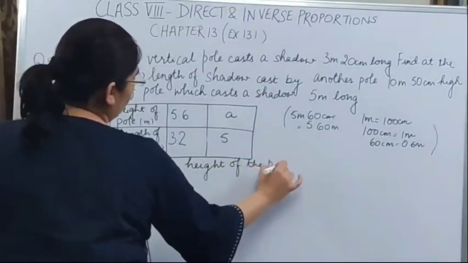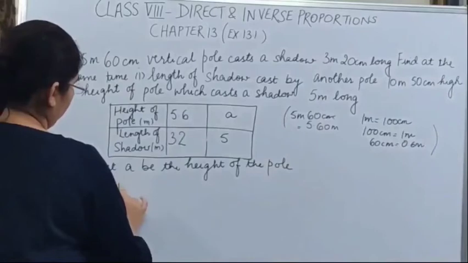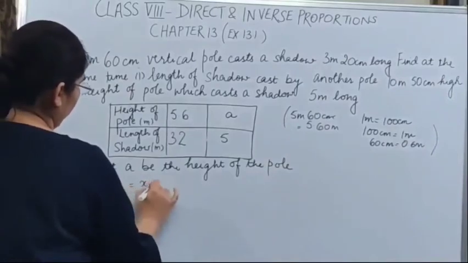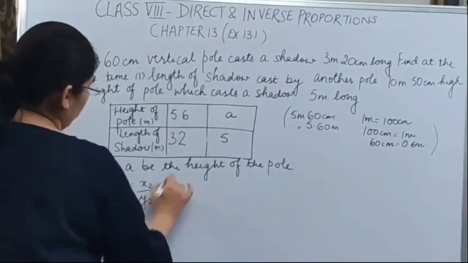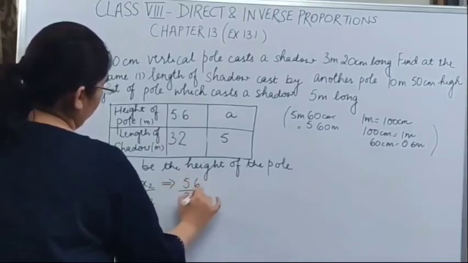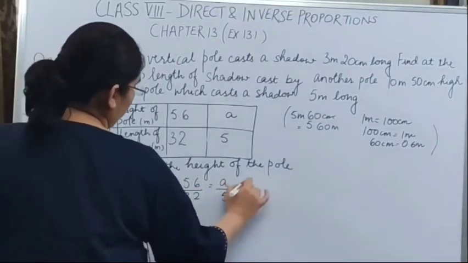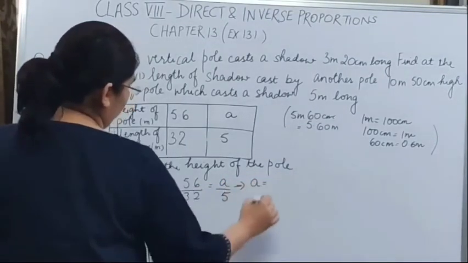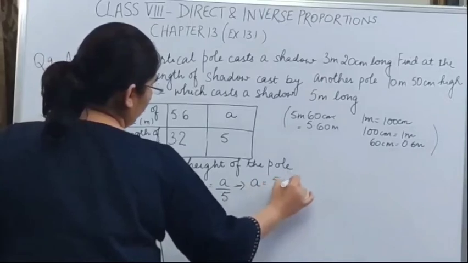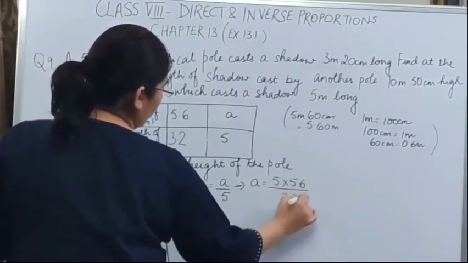So you get x1 by y1 equals x2 by y2. This implies 5.6 by 3.2 equals A by 5. So you get A as 5 into 5.6 divided by 3.2.